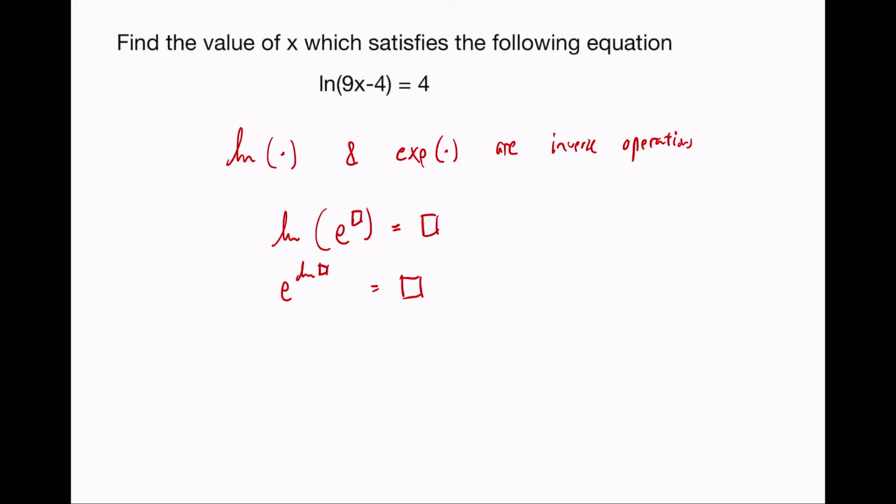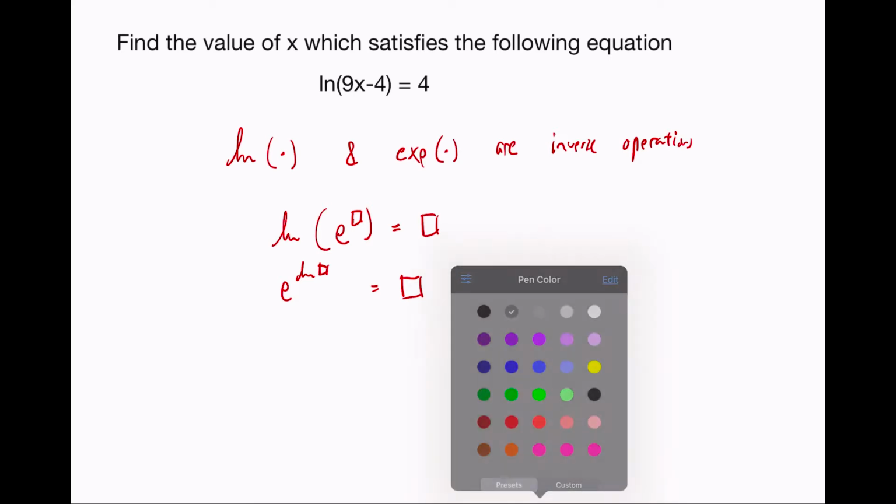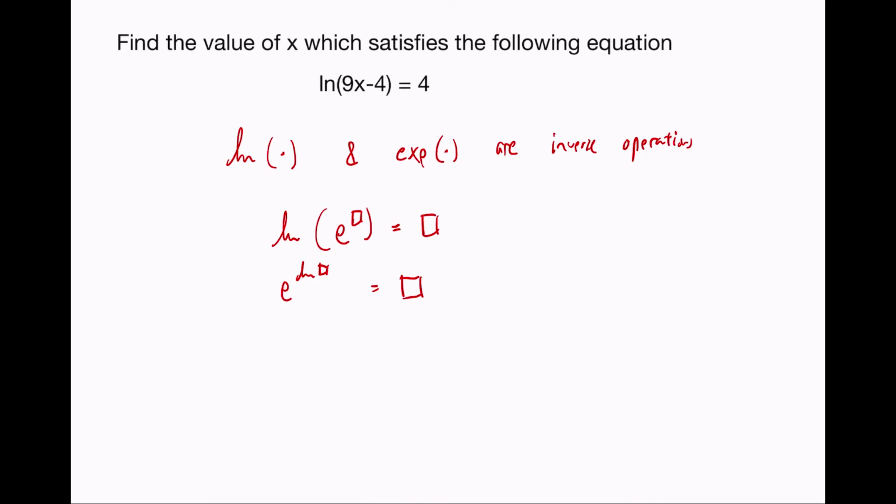So if I start with the statement that the natural log of 9x minus 4 equals 4, we're going to solve for x. I'm going to do an exponential to get rid of that natural log. So our first step is going to be do e to the x to both sides.